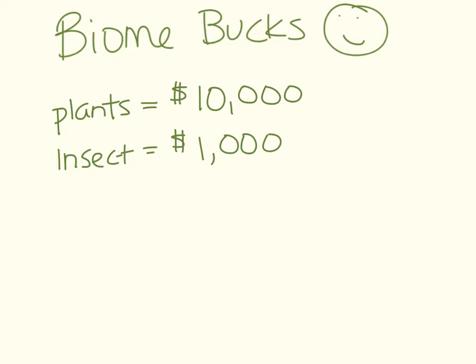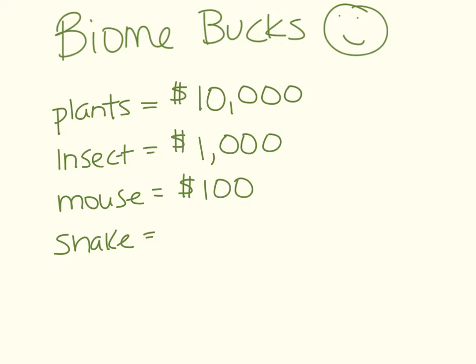And the insect will be eaten by our rodent or our mouse, and it will receive from the insect 100 biome dollars. And our snake, which was our tertiary consumer, is going to receive from the mouse 10 biome dollars.